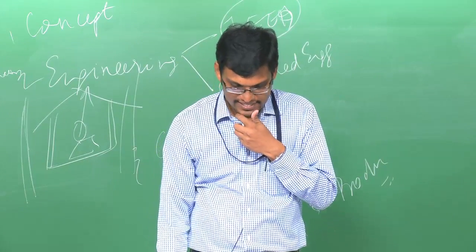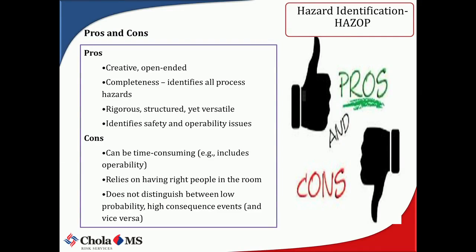Okay, what are the advantages? It's open ended. It identifies all the process hazards. It's a very structured technique. For example, today we are doing a HAZOP for a new gathering station for one of our clients. It's the 22nd day, and we are doing HAZOPs of 280 P&IDs.